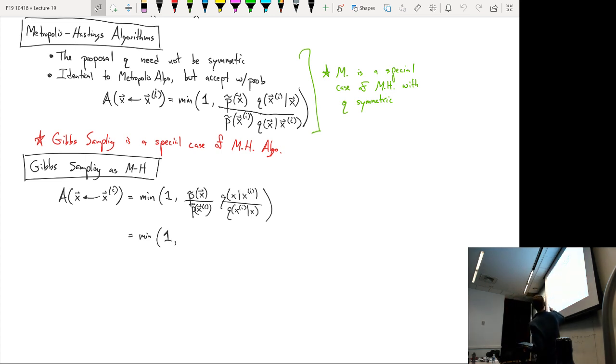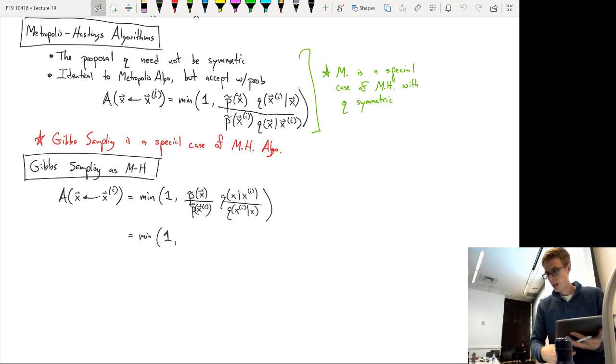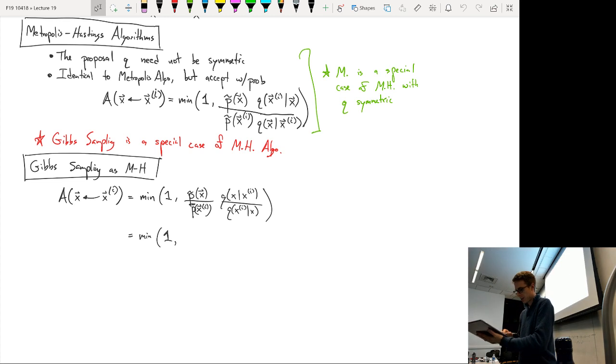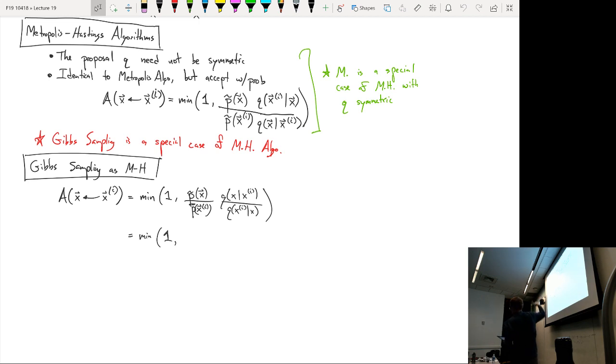I'm not claiming that we can necessarily compute the exact ratio, just that it's something we can write down, and we can reason about the fact that these two quantities are identical. And then for the ratio of the q's, we can also write down what the proposal distribution for a Gibbs sampler is.